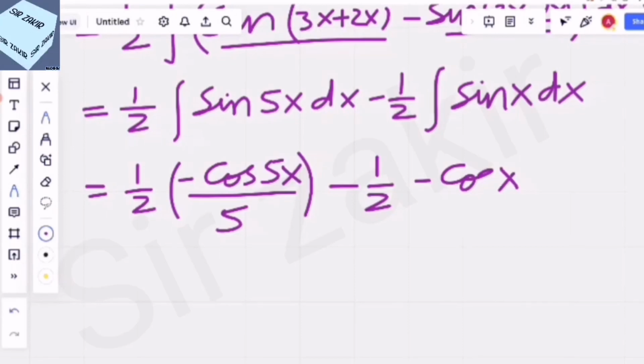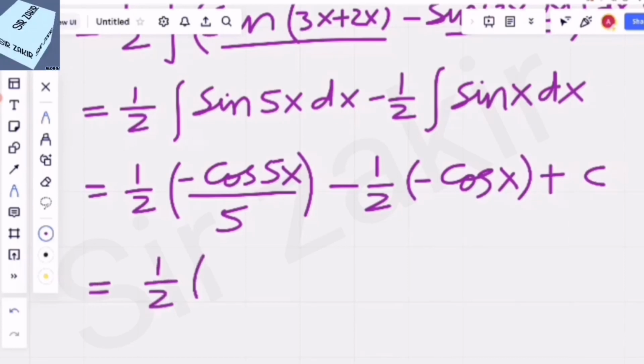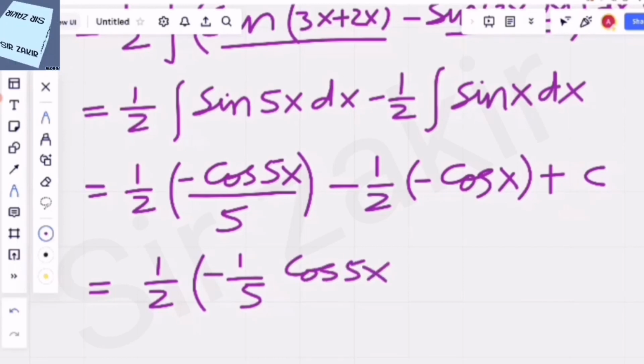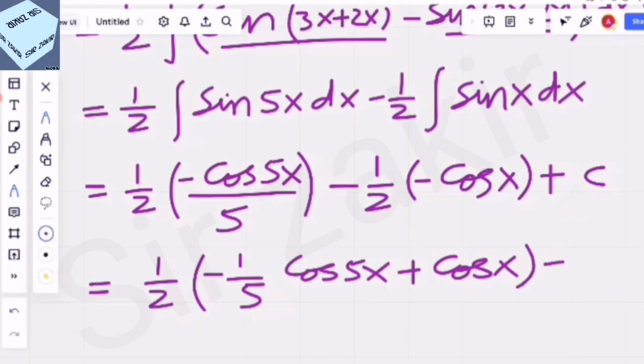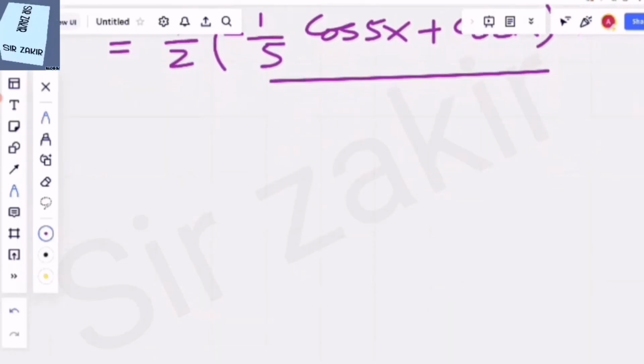Plus c we add, and now we can keep 1 by 2 common, so it is 1 by 5 minus 1 by 5 cos 5x plus cos x plus c. This is the integration. It was maybe a little complicated, but this is the solution.